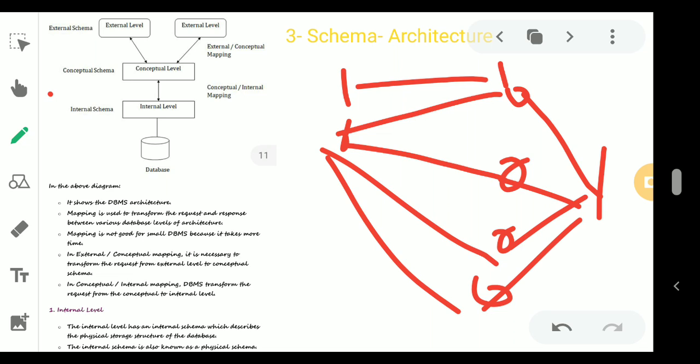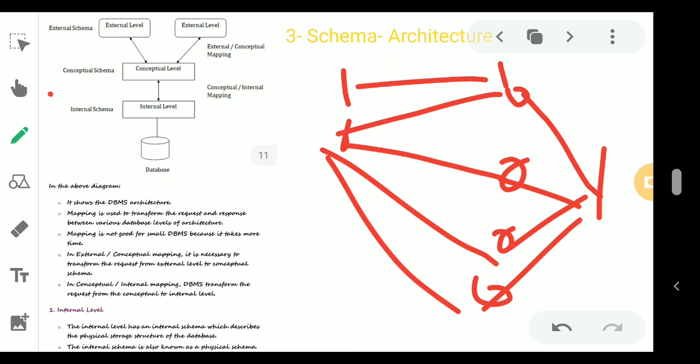So what is the first level? The first level is known as the internal schema, or you can write this as the physical schema. It is the lowest level of data abstraction. Before going further, you need to know what data abstraction is.